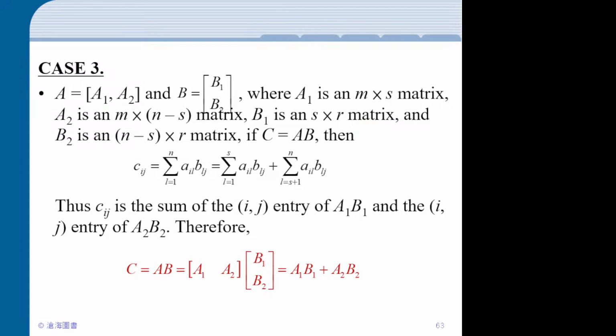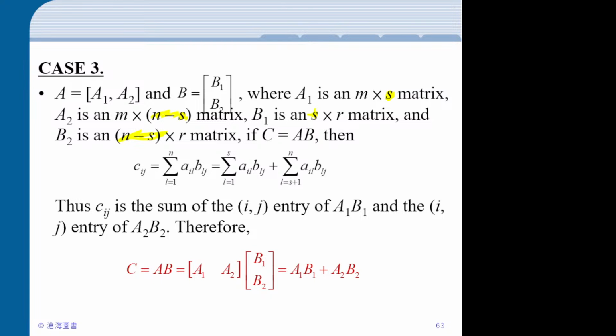So we partition n into s and n minus s, and s and n minus s. Those need to match; we're not doing other partitions here, so the rest is whatever.